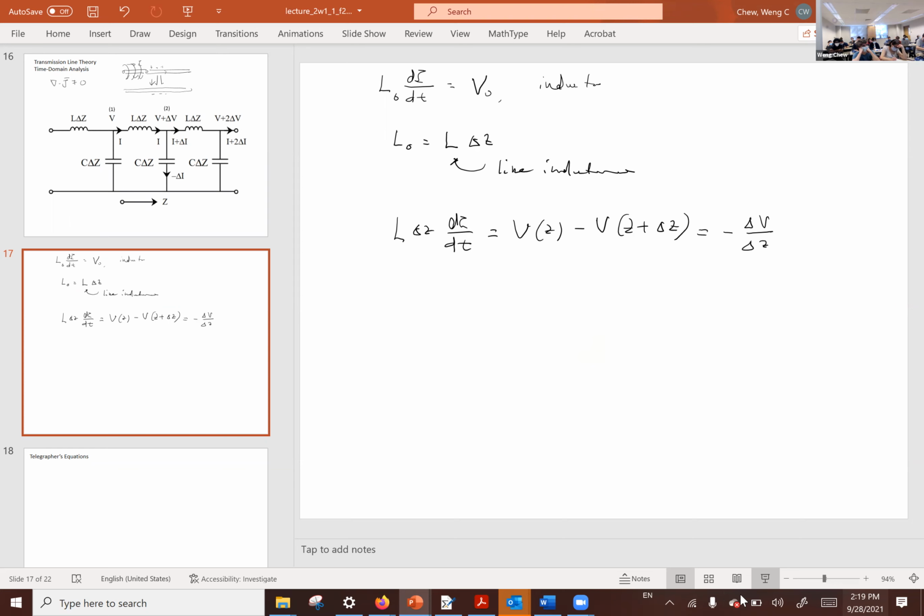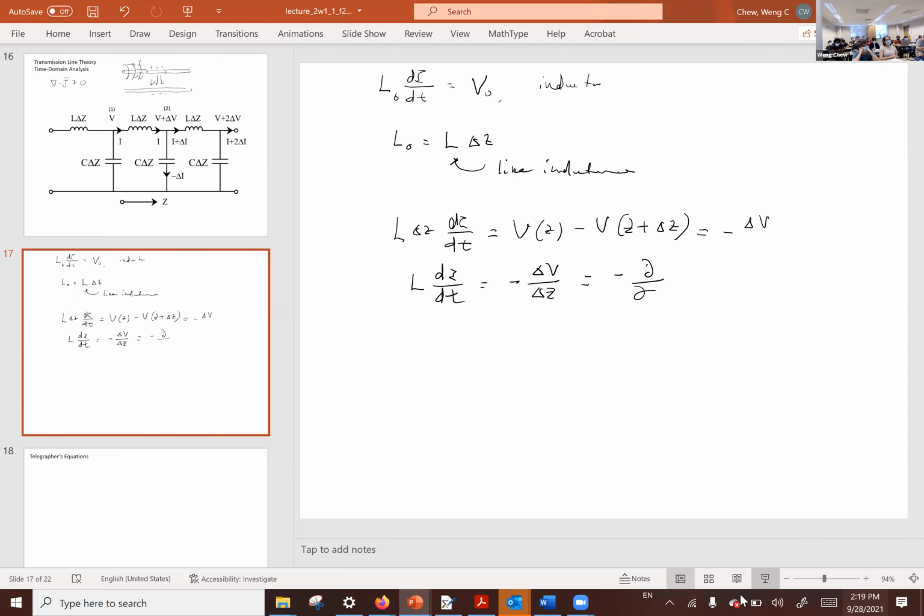This delta V, sorry, is the incremental change in the voltage. Now, if I divide by delta z, I will get minus delta V over delta z. And in the limit, when delta z becomes very small, this becomes, let me see what I used.